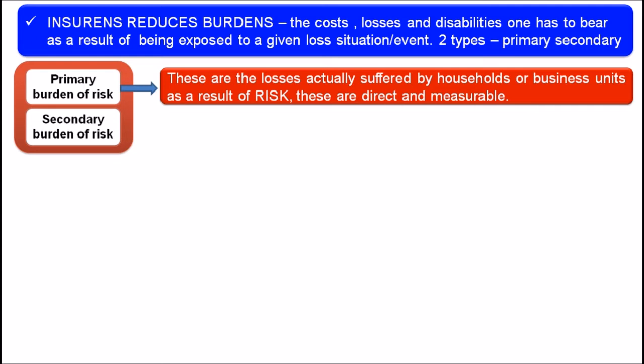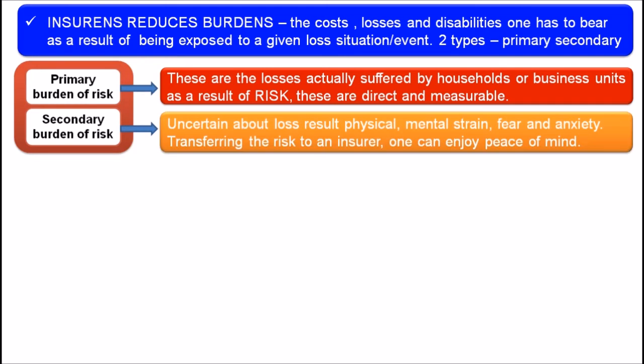This is clear, right? What is the secondary burden of risk? Secondary burden of risk is if you do not take insurance and things are uncertain, something may happen or may not happen. So this causes your mental strain, fear and anxiety. At the same time, what will you do? Suppose you bought a car of 10 lakh rupees and you don't have insurance.